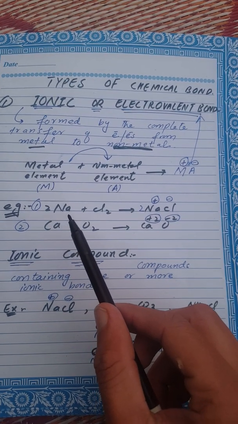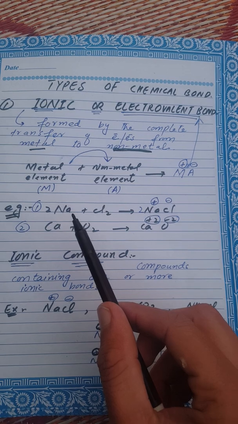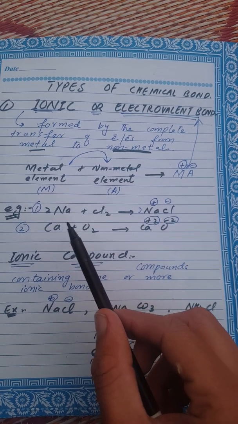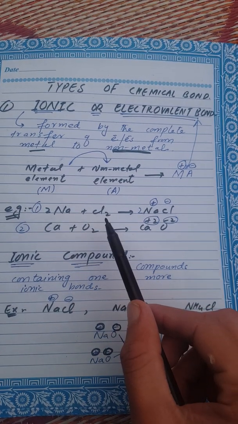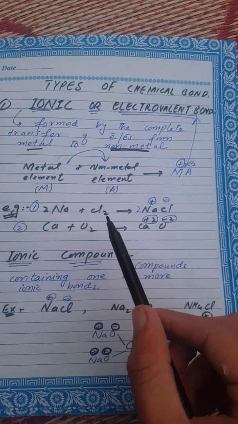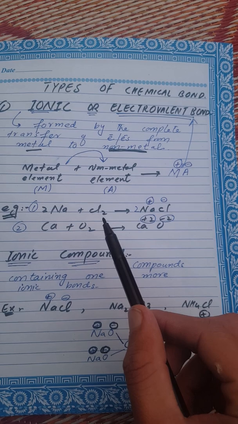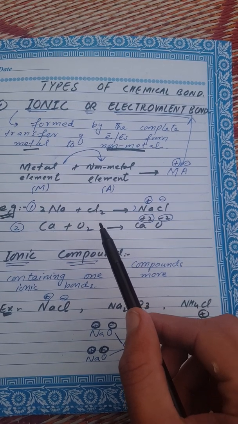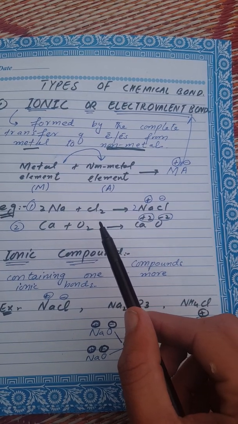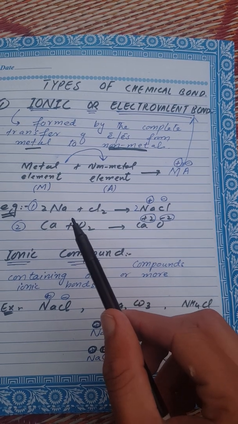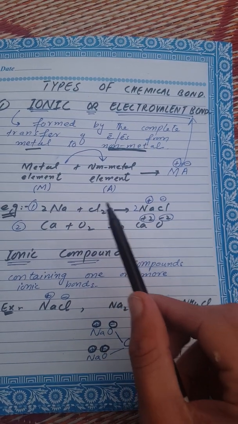In the first one, sodium gives only one electron because it has one valence electron, and chlorine needs one electron, so it gains one electron from the sodium to complete its octet.